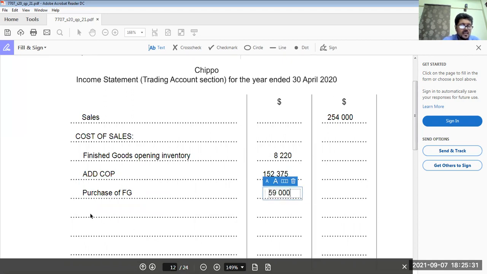Then let's do finished goods closing inventory, that was 7,885.